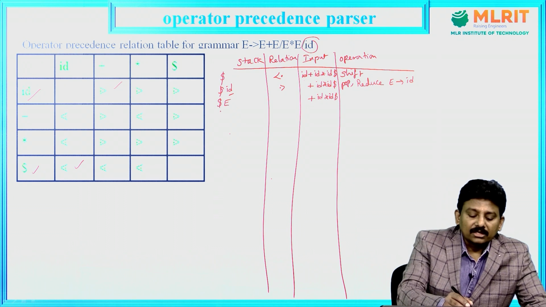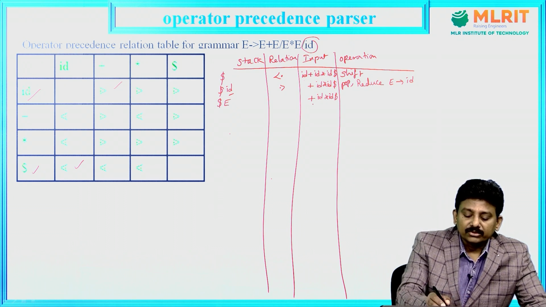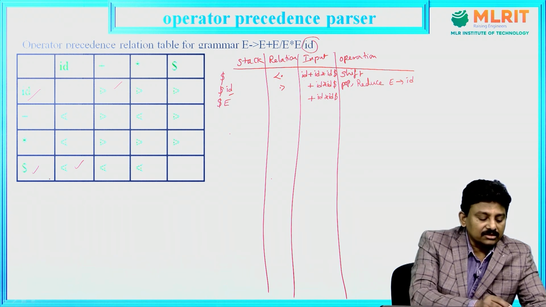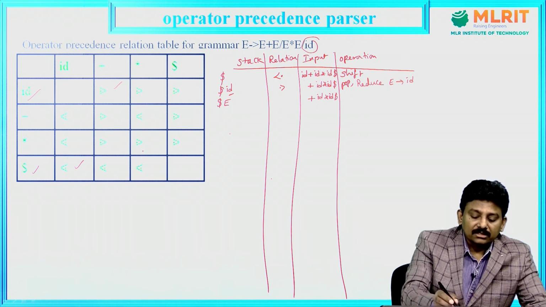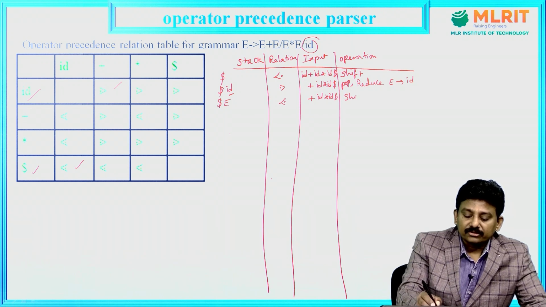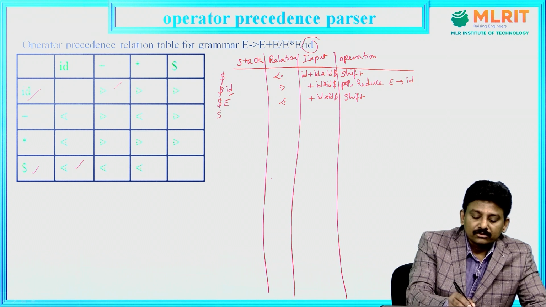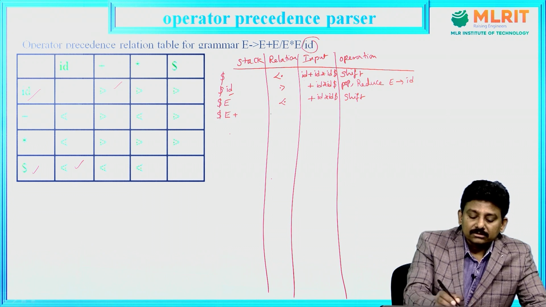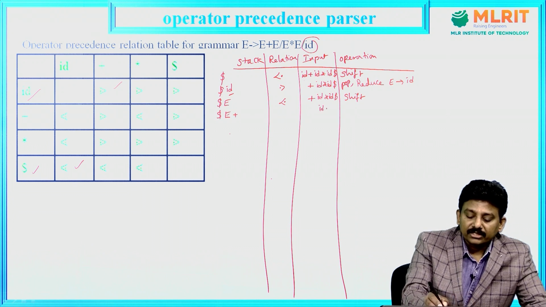Now dollar is on the stack, and plus is the current input symbol. Between dollar and plus the relation is less than, dollar has less precedence, so plus is shifted onto the stack. Now remaining input is ID star ID dollar.